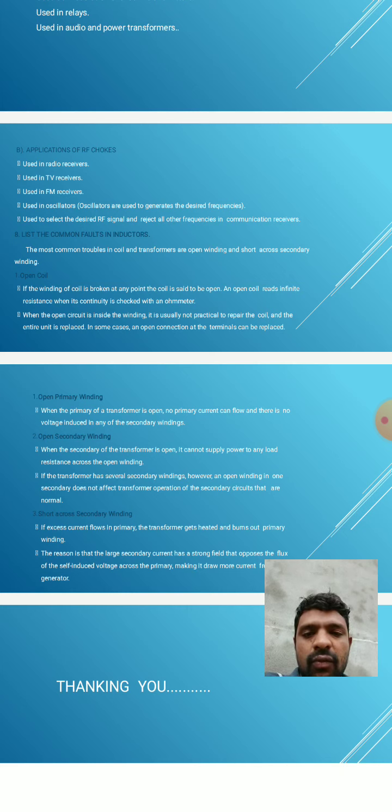When the open circuit is inside the winding, it is usually not practical to repair the coil and the entire unit is replaced. In some cases, an open connection at the terminals can be repaired. So open coils can be found in two ways. One is an open coil broken outside the coil, so we can see it, and the coil shows infinite inductance or resistance value.